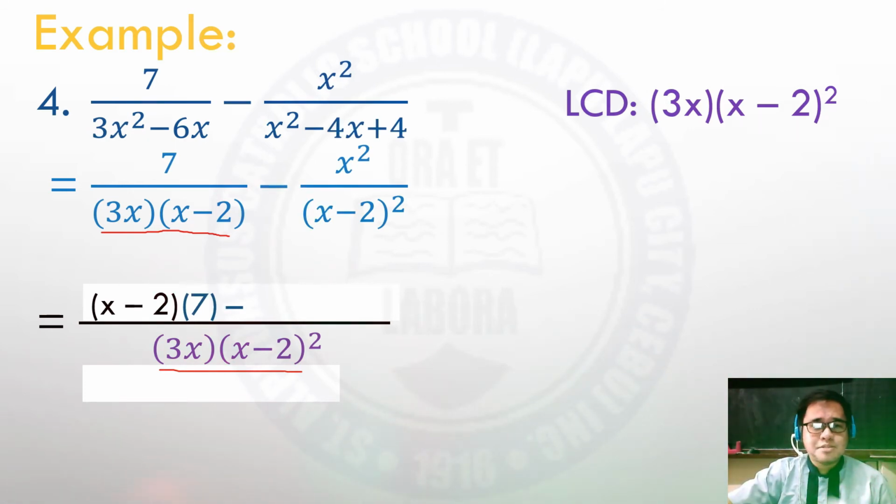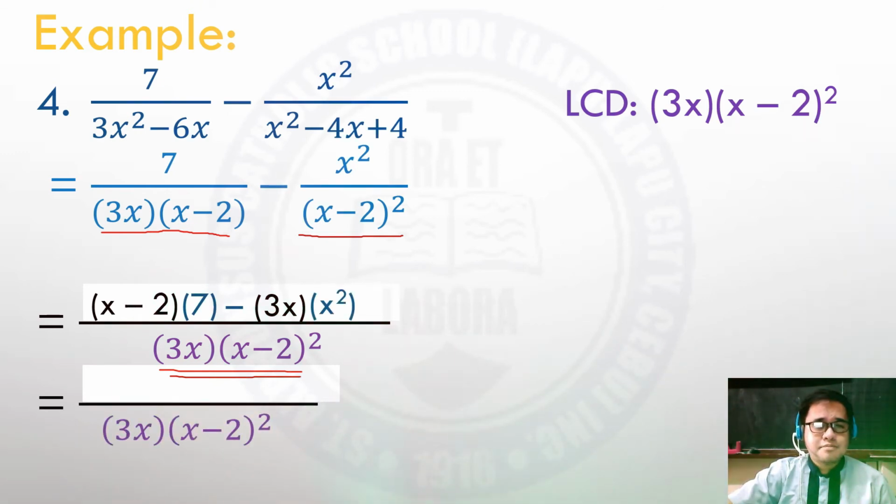Next, to get the second term of our rational expression, the same thing, we are going to use 3x times x minus 2 squared divided by x minus 2 squared, and the answer is 3x multiplied by the numerator of our second term, which is x squared, and simplify them further.